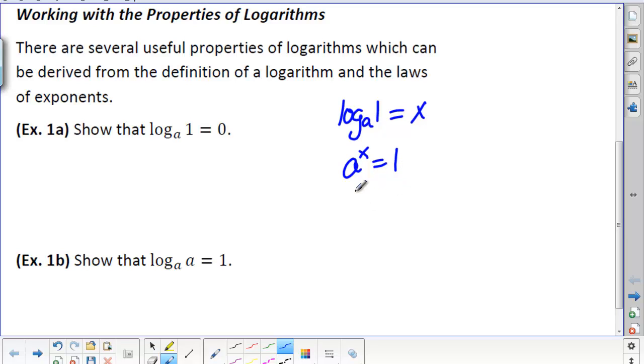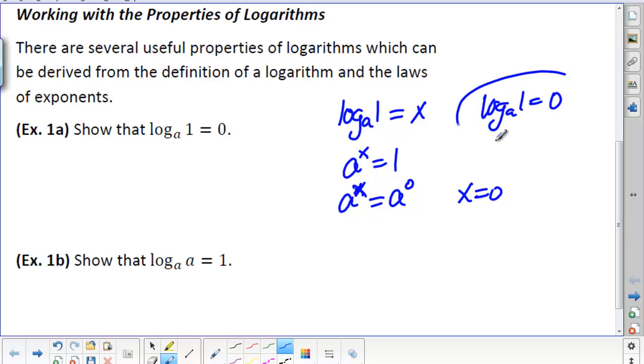From there, using our properties of exponents and trying to solve this equation for x, 1 is the same as a to the 0 power. And so from that, you get that x equals 0. So in other words, log base a of 1 equals 0, which is what we were supposed to show. And so that pretty well shows that property, kind of proves it.